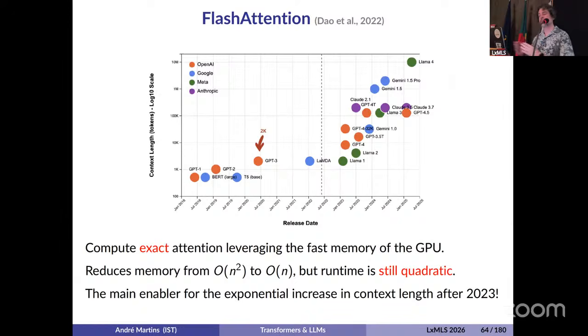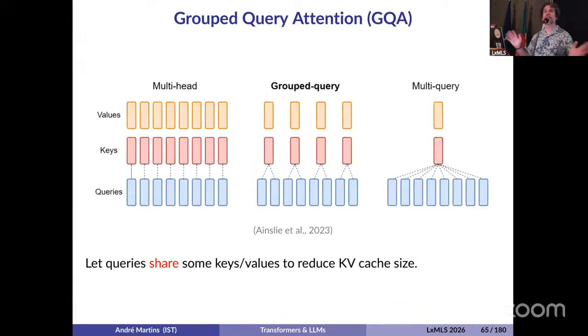We need to do something else. But at least we are not going to explode the memory of the GPU. The way it works is by modifying the way attention is computed and exploiting the fast memory of the GPU. So this has been the main enabler for this exponential increase, I would argue, but not the only thing.